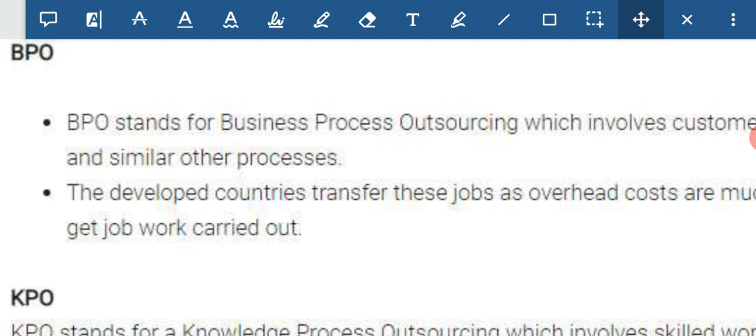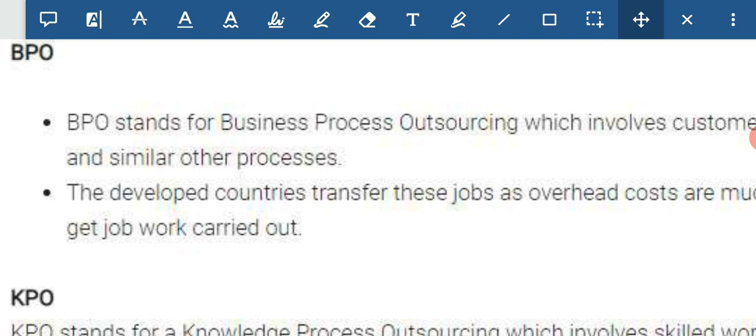But if the same work is done in India, if Japanese people are doing the work in India, over here they will earn more from our country. Why? Because the value of our currency is less and they will be paid according to their value of currency. So they are benefited.